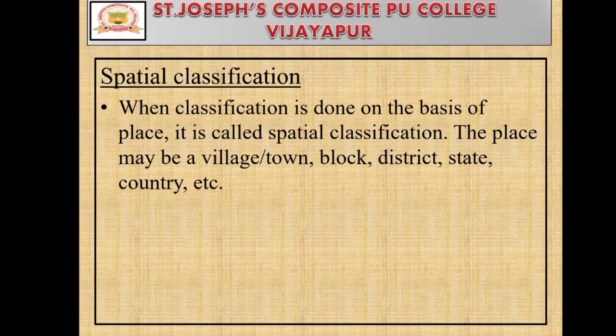The place may be a village, town, block, district, state, country, etc. So what is spatial classification? If the data are classified on the basis of a particular geographical location, it is called spatial classification of data.